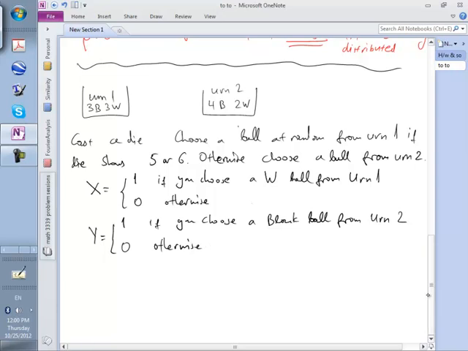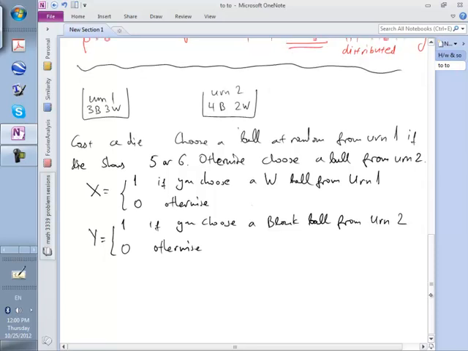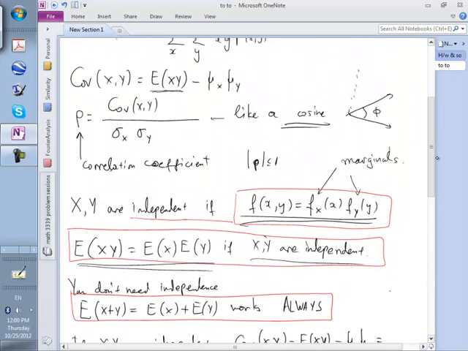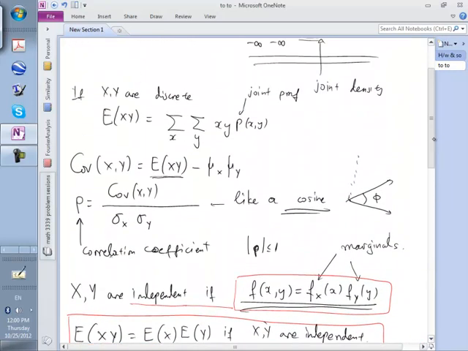And the question that I want to address now is to find the joint density first, and then find the covariance and, of course, the correlation coefficient of these two random variables, x and y. They're simple random variables, so the calculations are not going to be tough. Now, let me just scroll back a little bit and stress something.